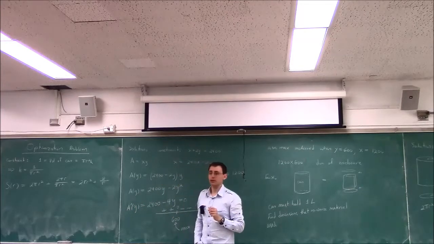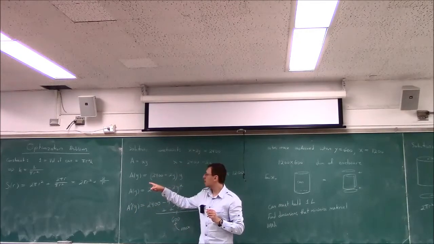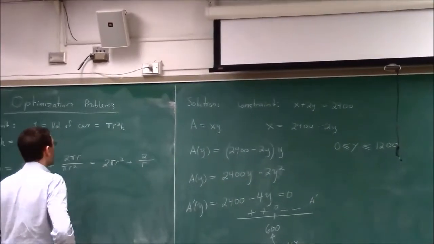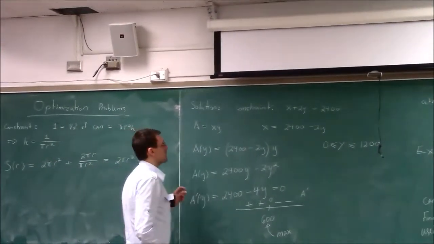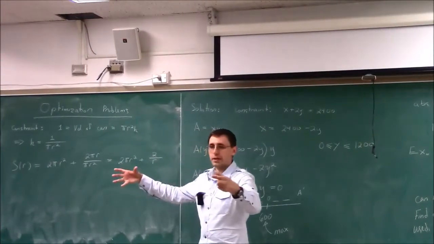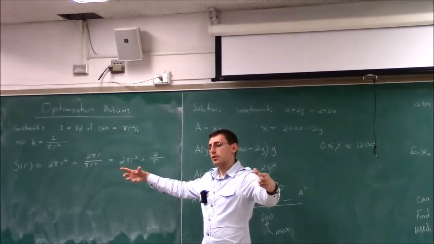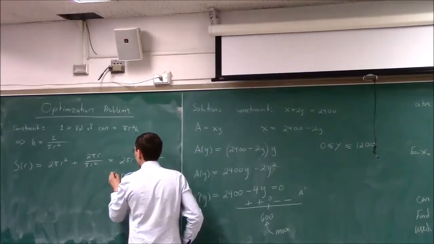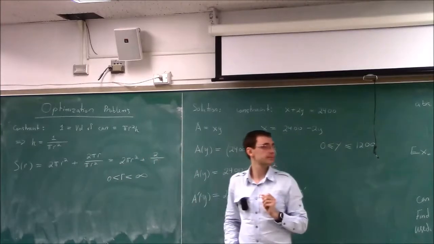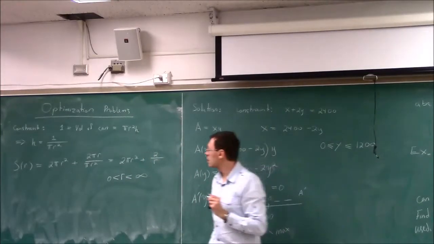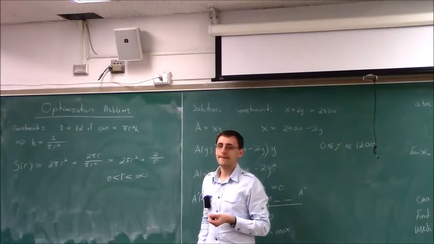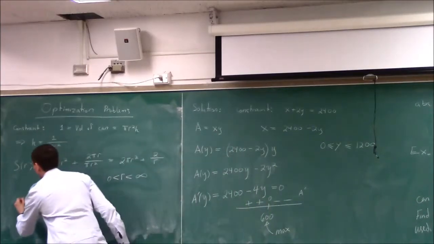Now this function is rational. You agree? It's not a polynomial. We have division by r. So in this case, how big can r be? Clearly r equals 0 is not reasonable, right? We are going to control it by the radius. We can make r as small as we want. And so r is going to be bigger than 0 and smaller than infinity. So does the extreme value theorem apply? No, it does not, right?